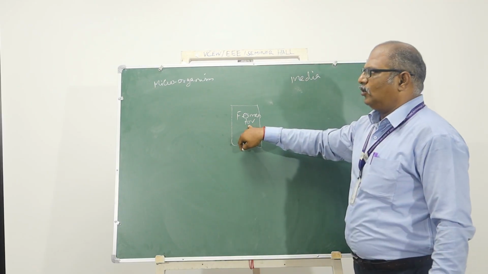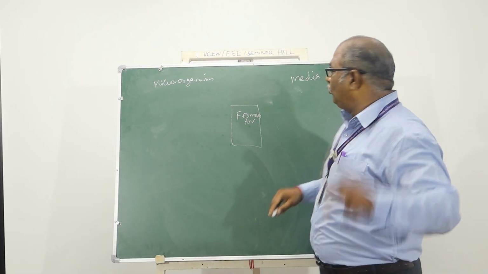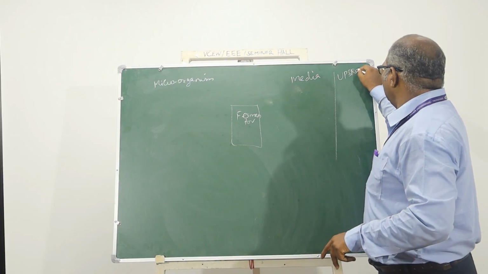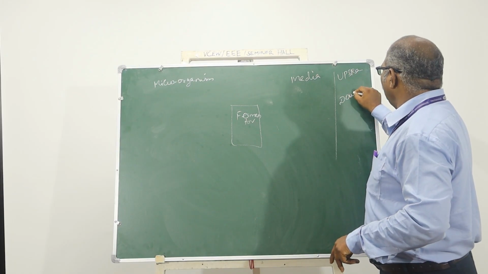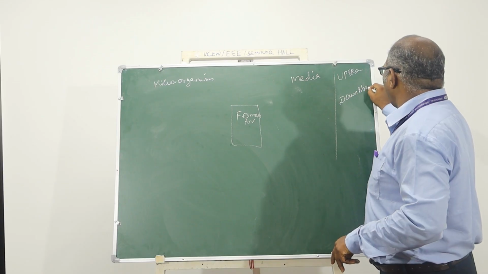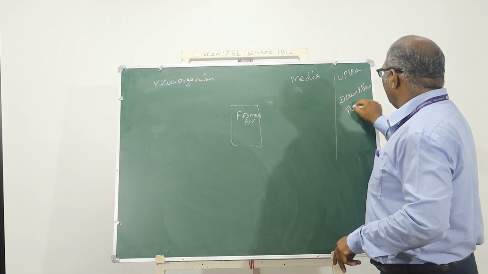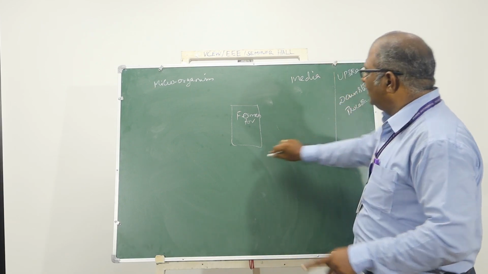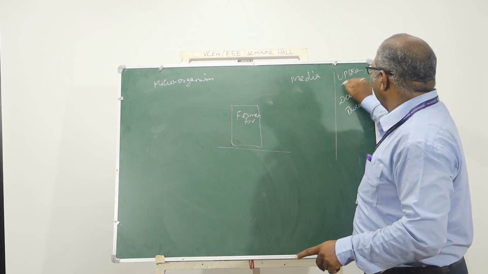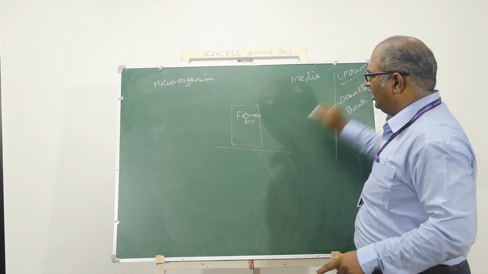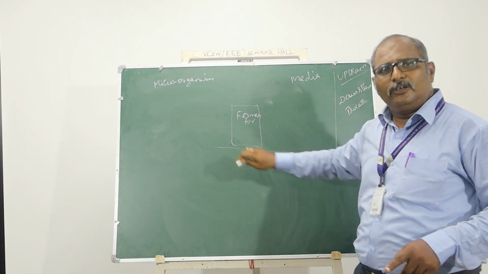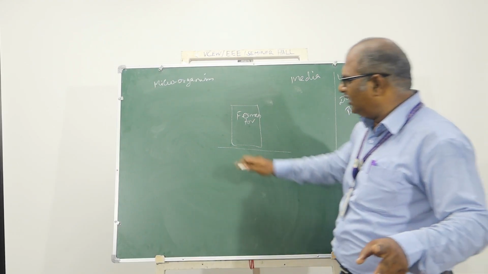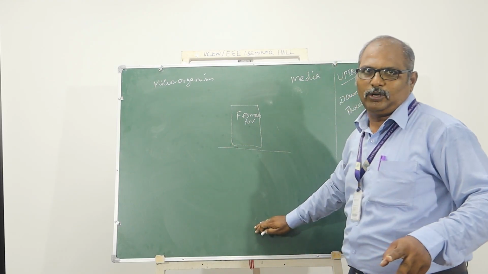Here the fermentation process can be split again in two ways. One is upstream processing and the next one is downstream processing. The upstream processing is everything until the fermentation takes place, and after the fermentation, to derive a final product, it is called downstream processing.